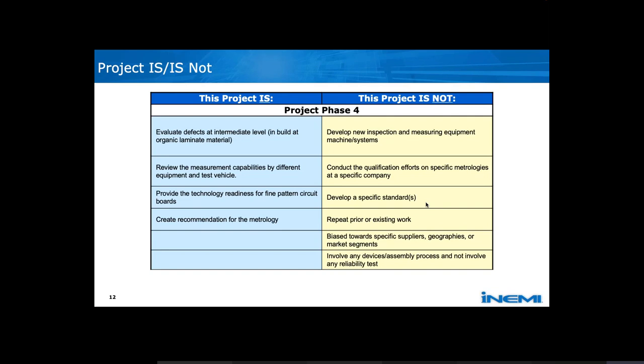We are not going to develop any specs, and we are not going to bias towards any specific suppliers, geography, or market. In this project we are also not designing or determining how we do the process, and we are not doing any reliability test on test vehicles.